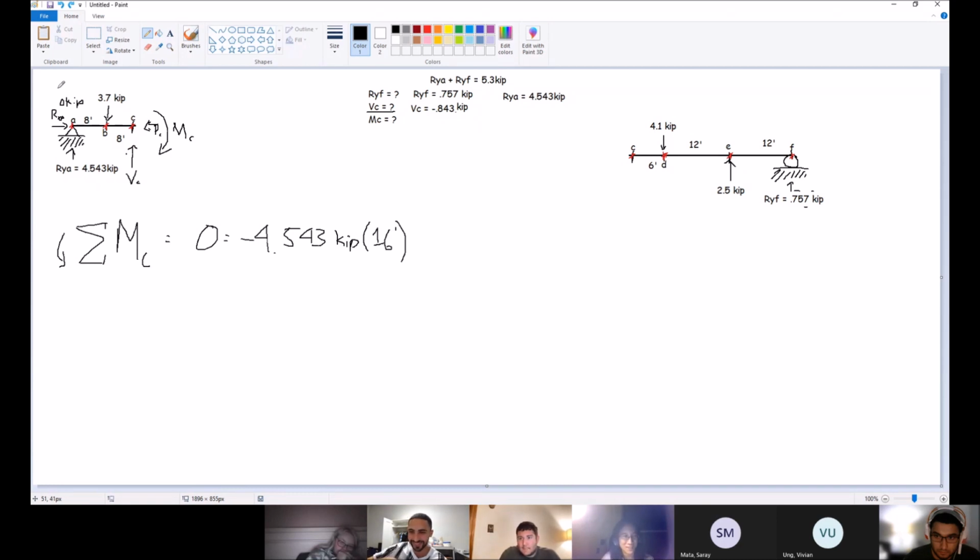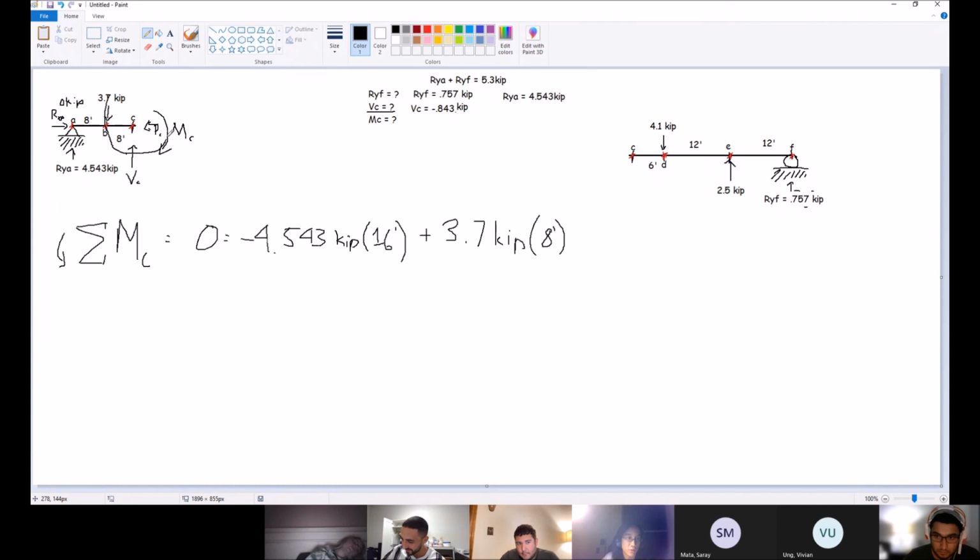All right. 3.7 kips. How far away is that from C? 8 feet. Positive or negative? Positive, so it's going down.